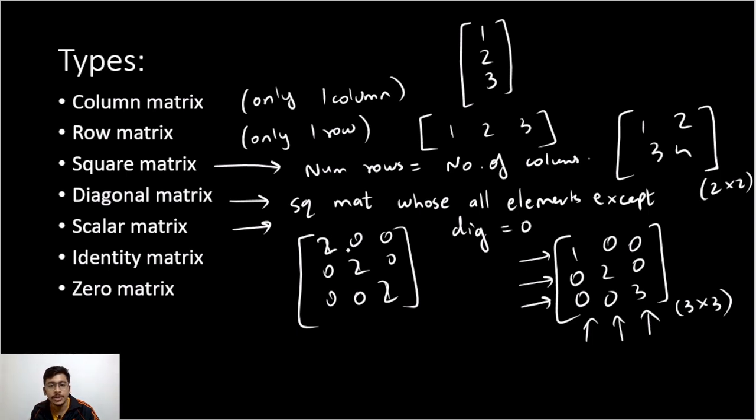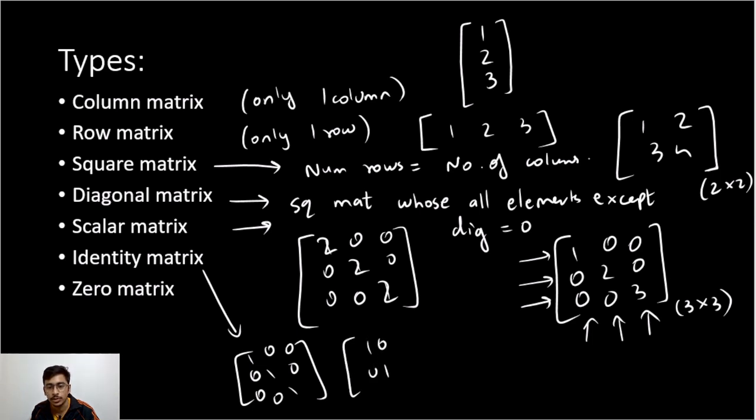If the elements of the scalar matrix are 1, then we get an identity matrix. So an identity matrix is basically 1 1 1, with 0 elsewhere. It can also be of 2 cross 2 form, so for 2 cross 2 it is simply 1 1 and 0 0 like that. And a 0 matrix is a matrix whose all elements are 0. Okay, so these are the types of matrix.